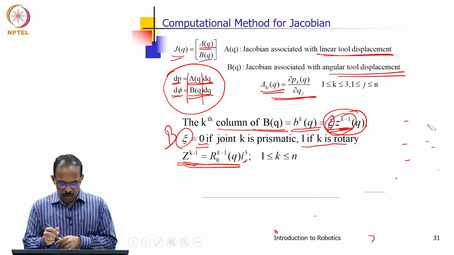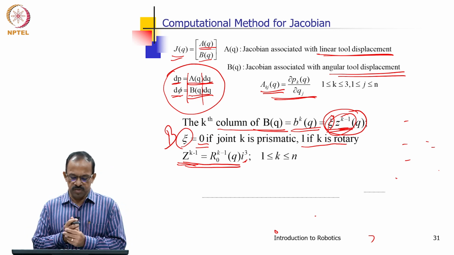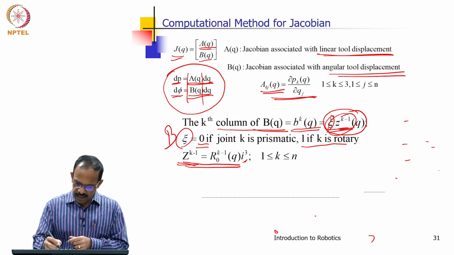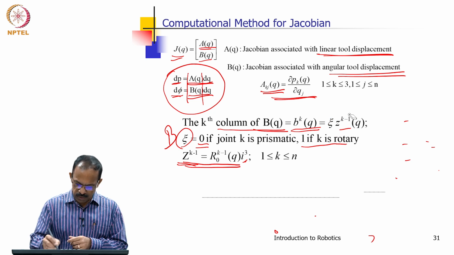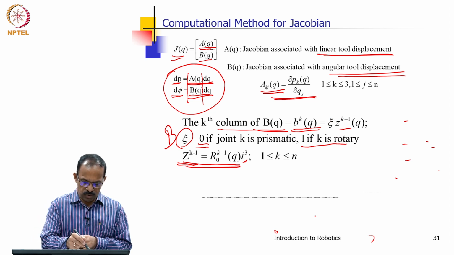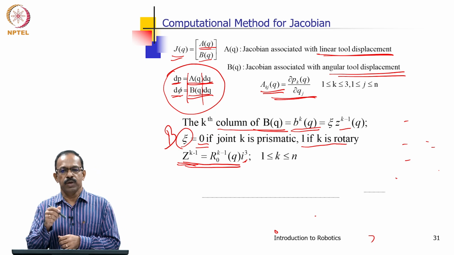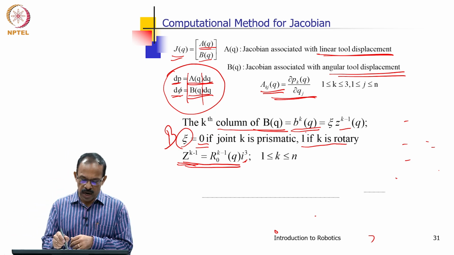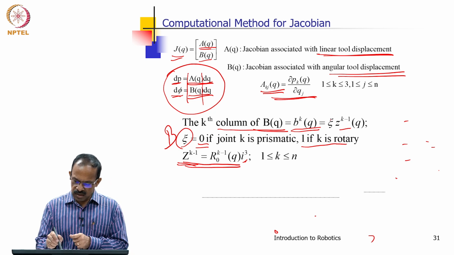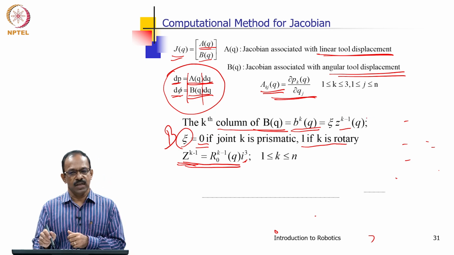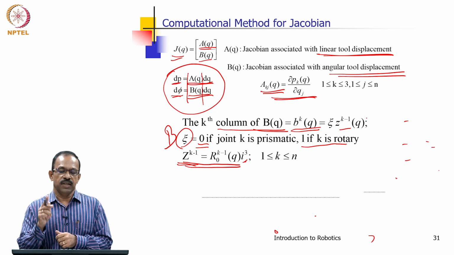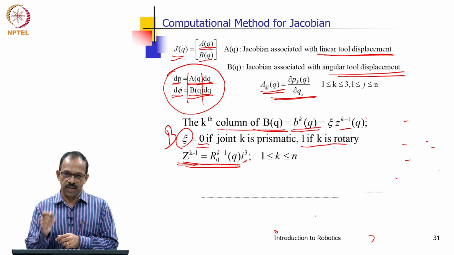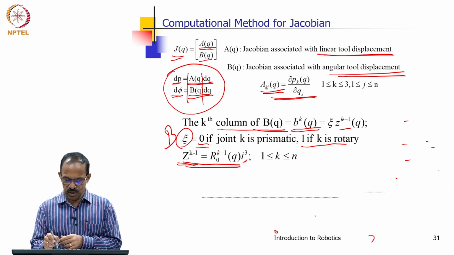Then for the angular velocity part we will find out this b_k(q). So, b(q) is the set of vectors b1, b2, b3, b4, that is the way it comes. The b1(q) will be xi times z0, that is the joint axis vector of the first frame, the z0 coming here.